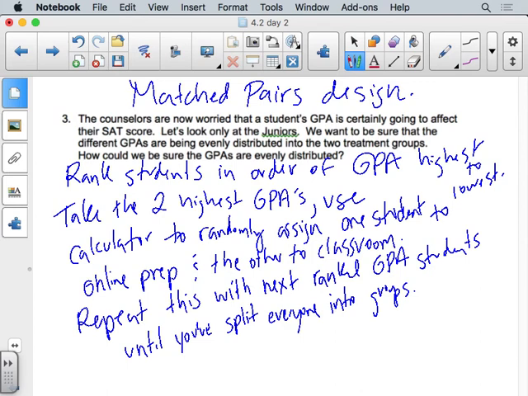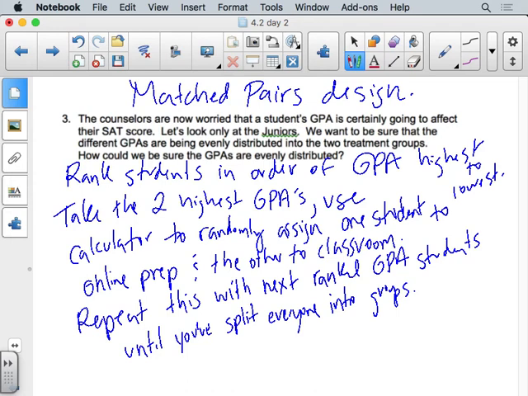If we're gonna split our classroom up right now into, like, a volleyball game, maybe I would rank people from lowest to highest in height, and we want to make sure I have tall people and short people all mixed together. I don't want to accidentally have all the tall people playing volleyball together versus all the short.